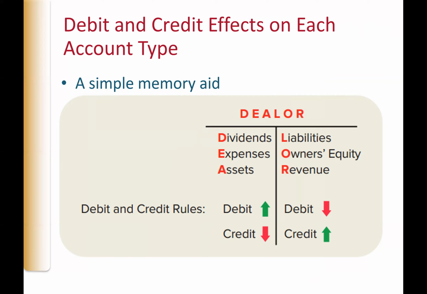Liabilities, stockholders' or owners' equity, and revenues have a normal credit balance. You increase them by crediting them. You decrease them by debiting them. This is another must-write-down slide. Okay? So important, guys. DEA, normal balance on the debit side. LOR, normal balance on the credit side.